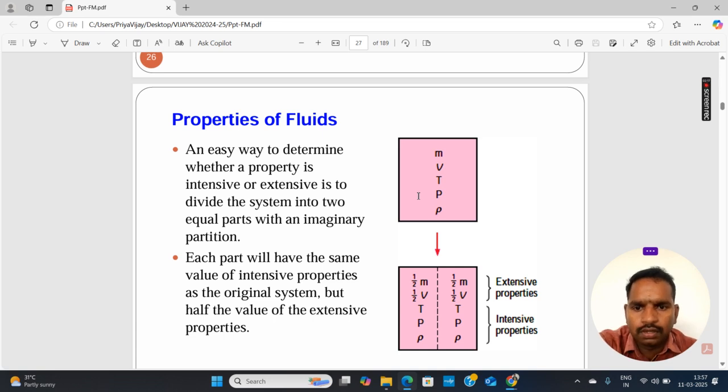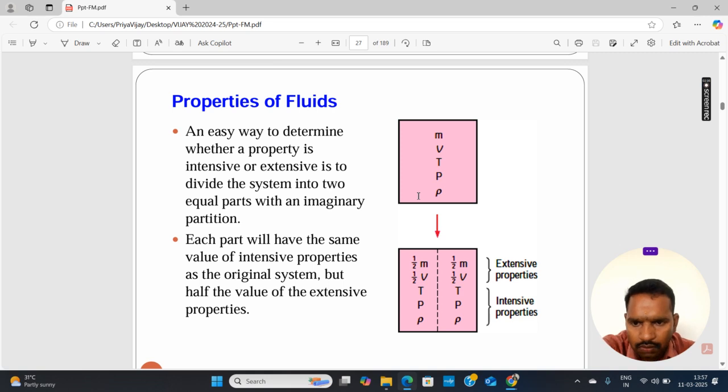Here the given schematic picture shows intensive property and extensive property. An easy way of determining whether a property is extensive or intensive is by taking two equal parts with an imaginary partition. Each part will have the same intensive properties as the original system, but half the value of the extensive properties.